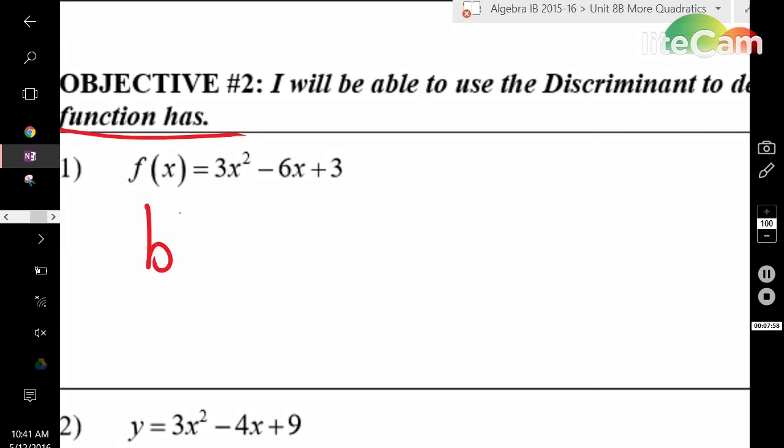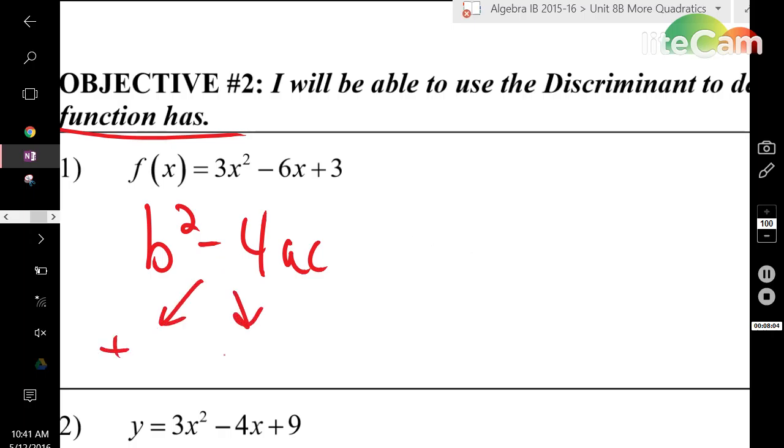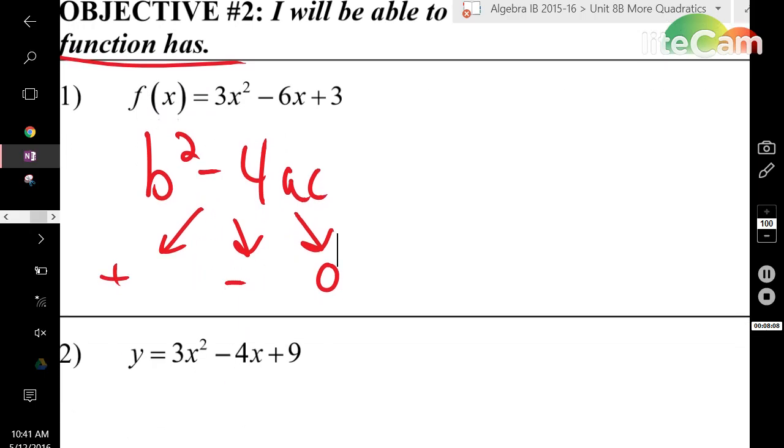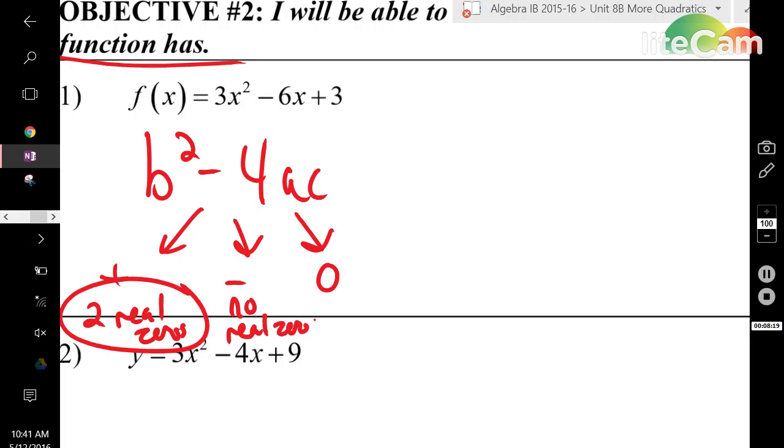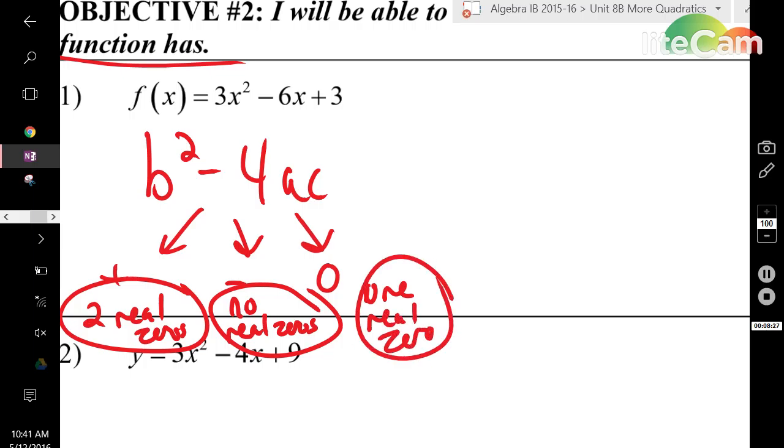You are just going to do b squared minus 4ac, and you're going to determine if it's positive, if it's negative, or if it's 0. If it's positive, it has 2 real zeros. If it's negative, it has no real zeros. If it's 0, it has 1 real zero. That's what the pictures above were saying.